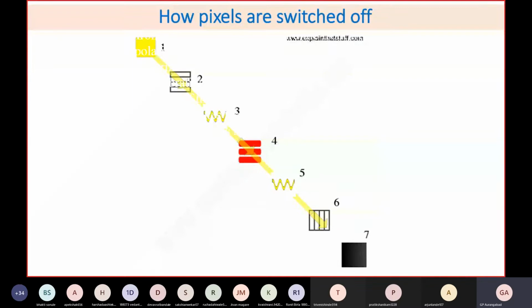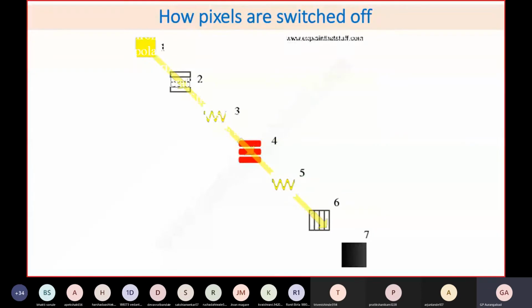Now, what will happen when the pixels are switched off? That means there is no potential applied across your LCD. These are in a natural state. When these are in a natural state, whatever light is passing through this particular LCD is twisted by 90 degrees.